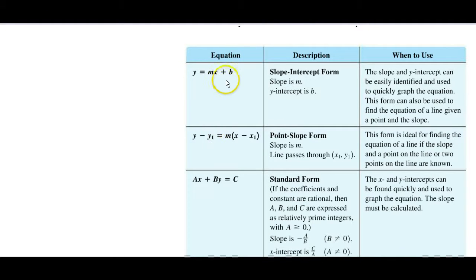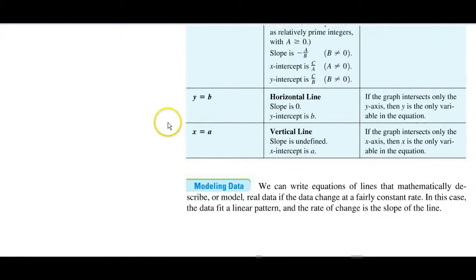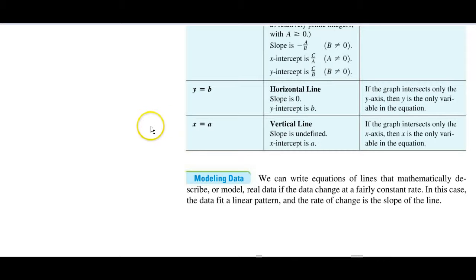So once again, a review of the formulas we've been using: slope-intercept, point-slope form, standard form, horizontal line, vertical line. Now interestingly, we did all of this in Math 1103. So if you're one of those folks that have moved up, you'll see this is not unfamiliar material to you.